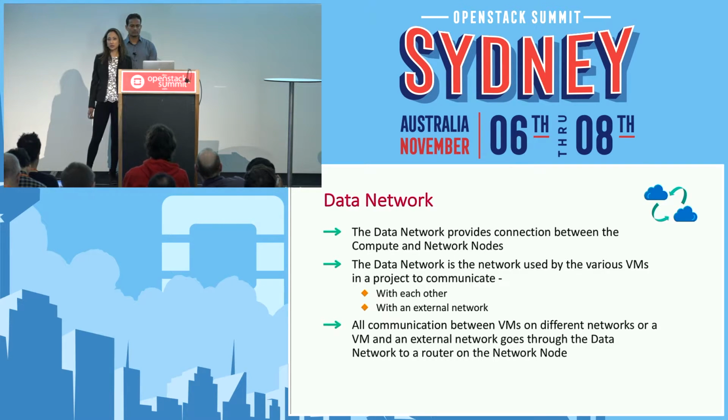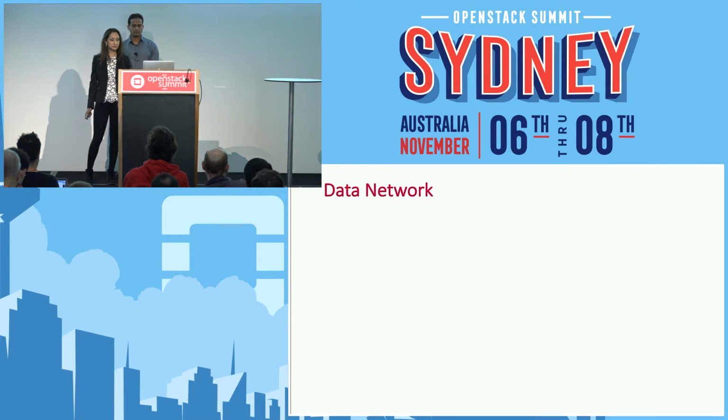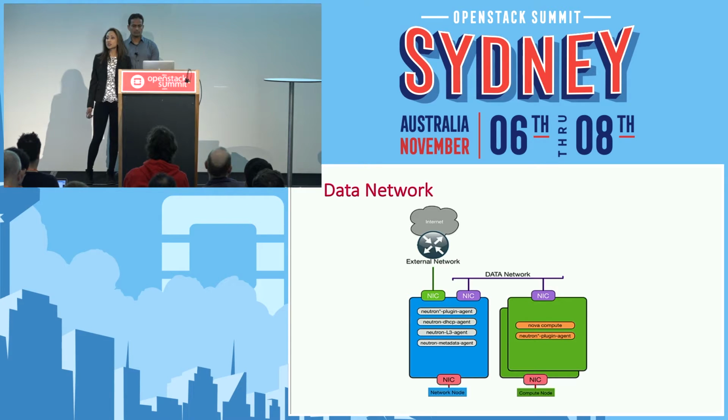All the communication between the VMs on different networks or a VM and an external network goes through the data network to a router, the virtual router that I spoke about, attached to the network node. So this diagram puts together the network and compute nodes, and it shows how the data network connects the two. The topology of the data network depends on the type of ML2 driver used.